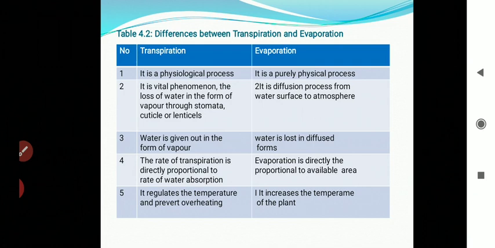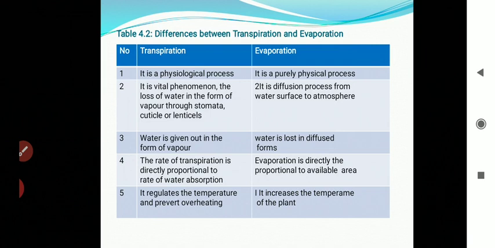Here we are going to discuss the difference between transpiration and evaporation. As we are talking about the loss of water in the form of vapor from aerial part of plant is known as transpiration. So what is the difference between transpiration and evaporation?